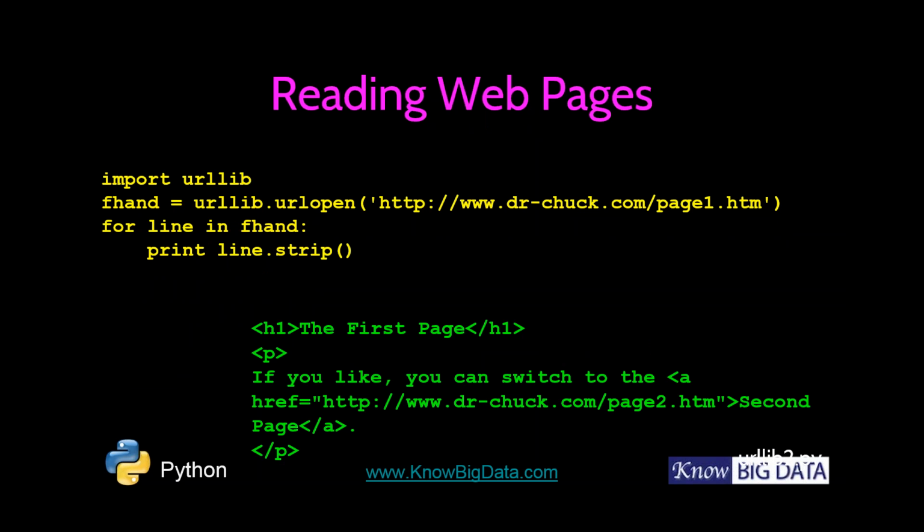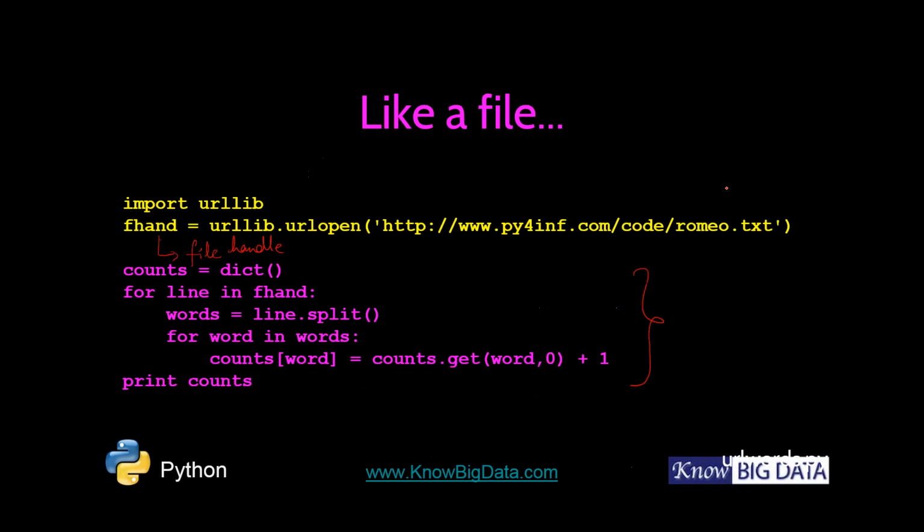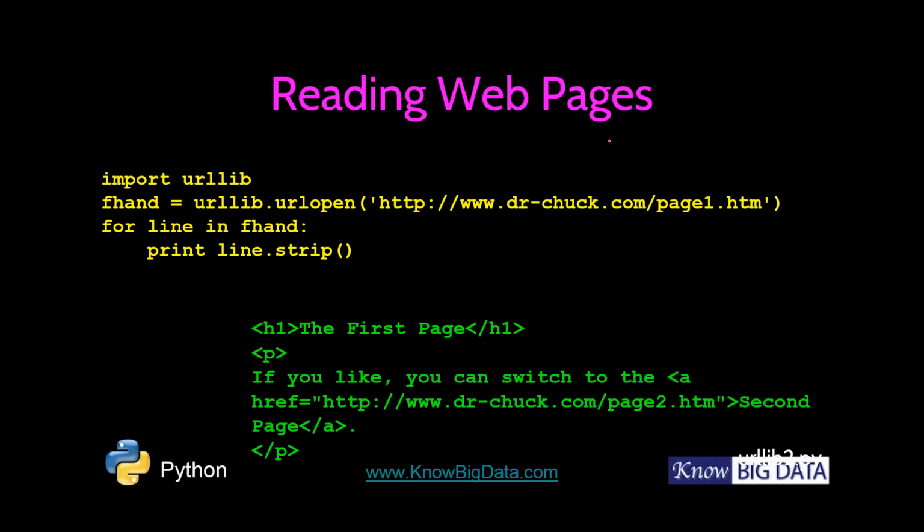Okay, now we have a difficult thing. As you see, we have been making requests for the text file. Now, what if we have an HTML page to request? Now, reading web pages. What if we have HTML?